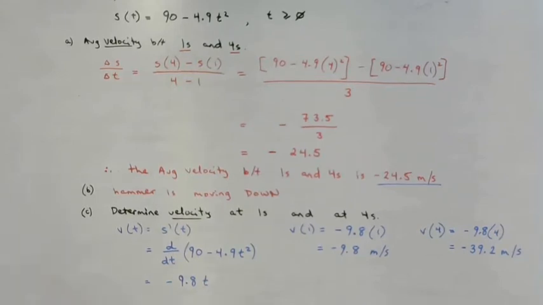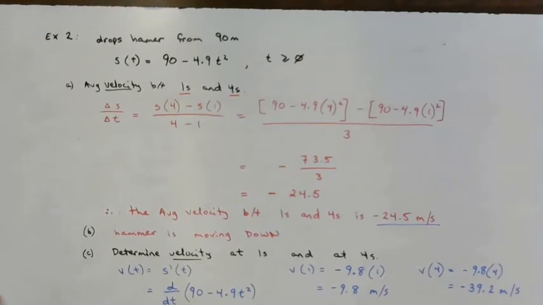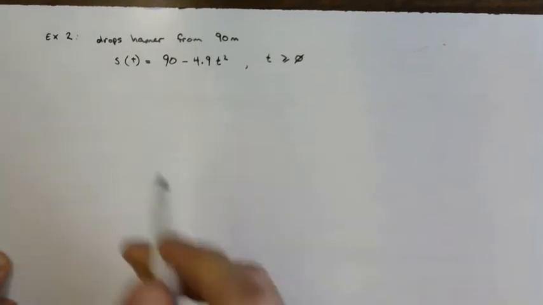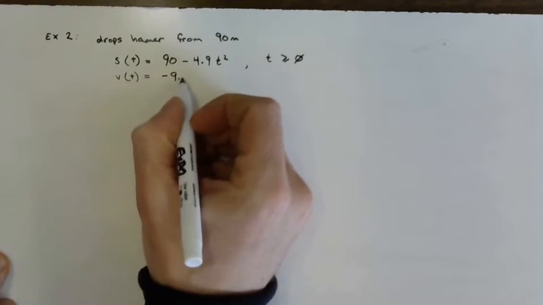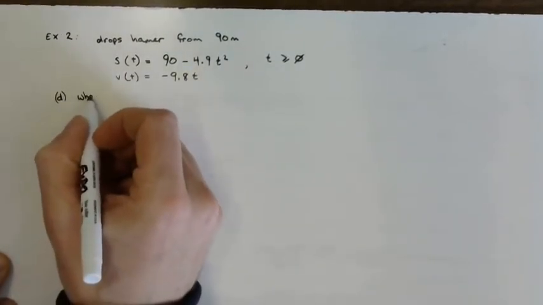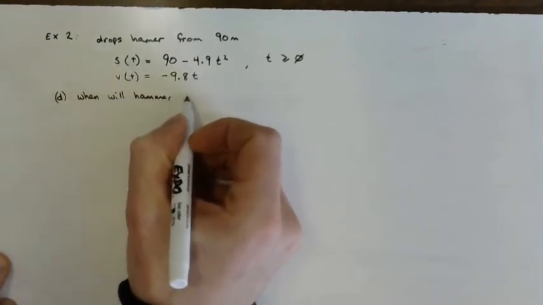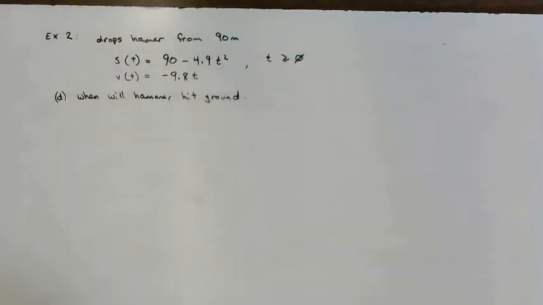When will the hammer hit the ground? I'm going to erase what I have here so far and go back to the top. I'm just going to indicate that we have already taken the derivative of this, and it was negative 9.8 t. And then D says, when will the hammer hit the ground?